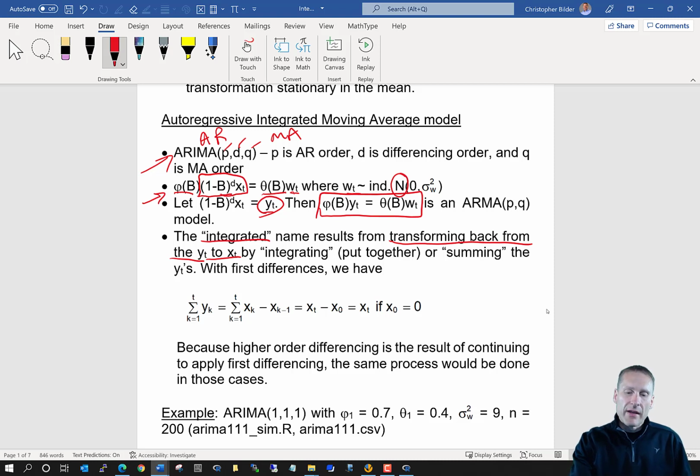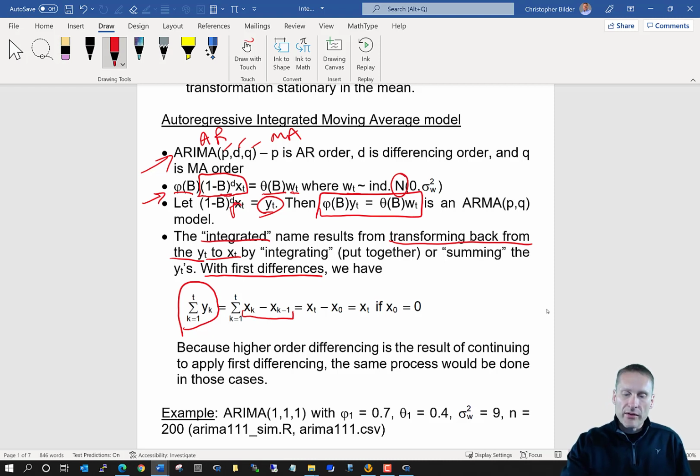So for example, if we have first differences, so again d would be equal to 1 here, if I were to take the sum of all my y sub k's up to some point in time t, how could I then put this in terms of the x sub t's? Well, I put in what y sub k would be, x sub k minus x sub k minus 1.